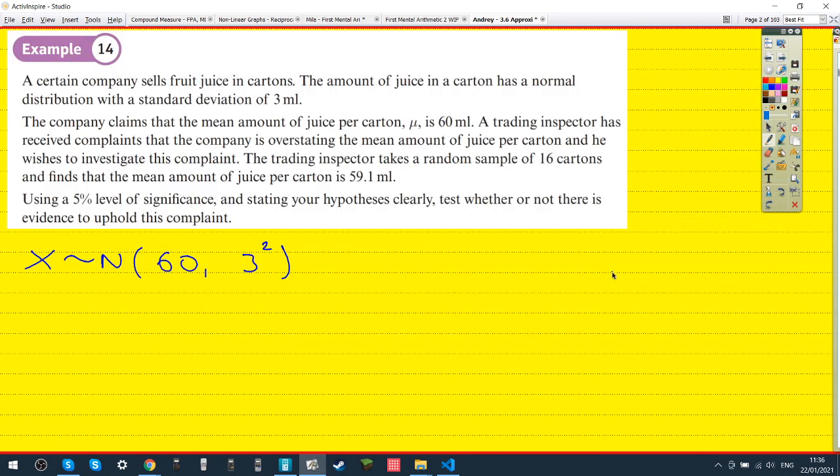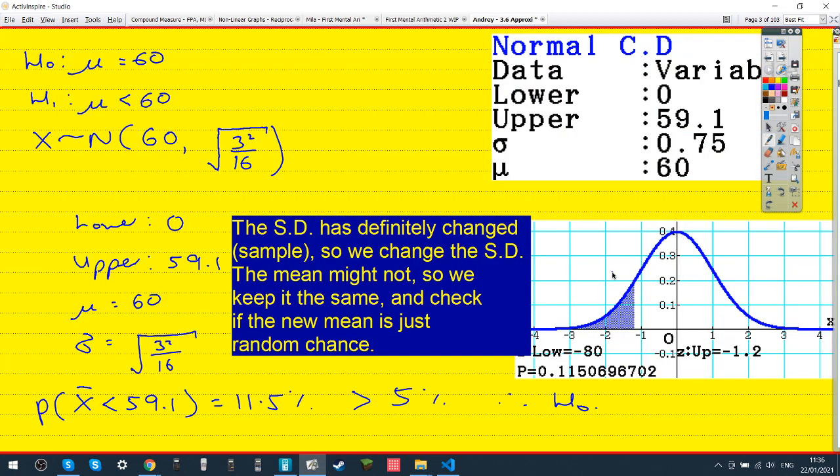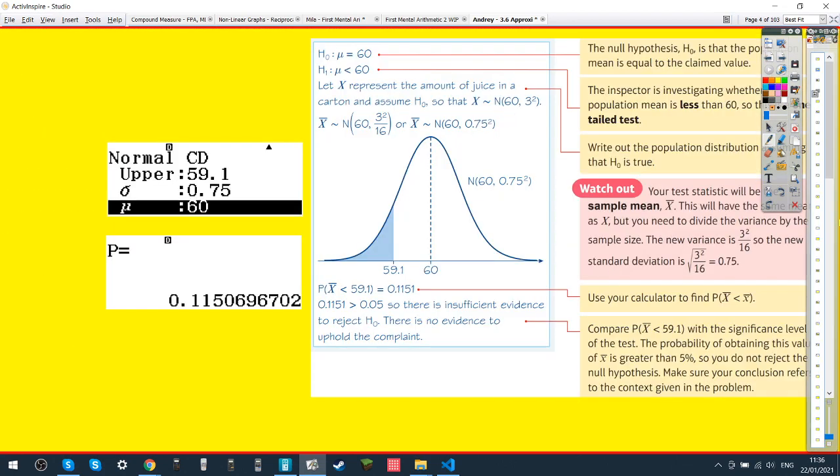Let me see their one. Am I not converting something? What am I not changing here?